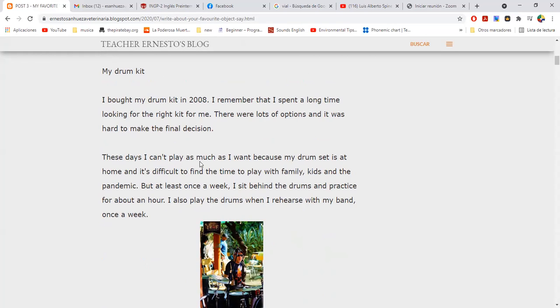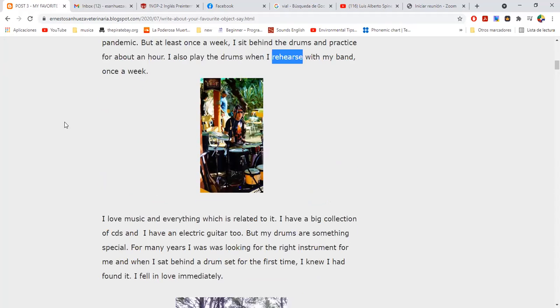These days, I cannot play as much as I want because my drum set is at home, and it's difficult to find the time to play with family, kids, and the pandemic. But at least once a week, I sit behind the drums and practice for about an hour. I also play the drums when I rehearse with my band, once a week.